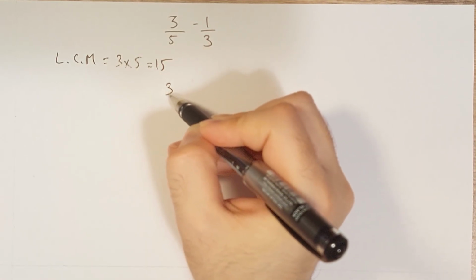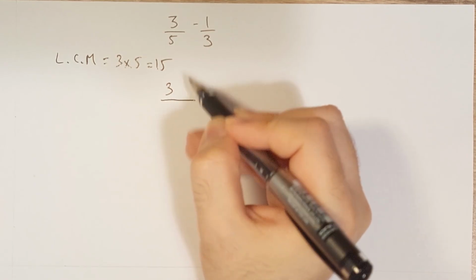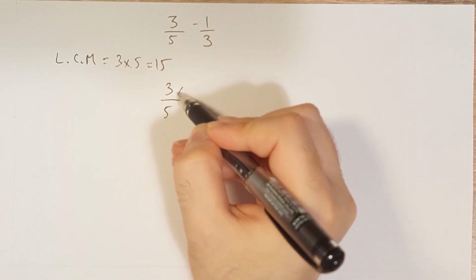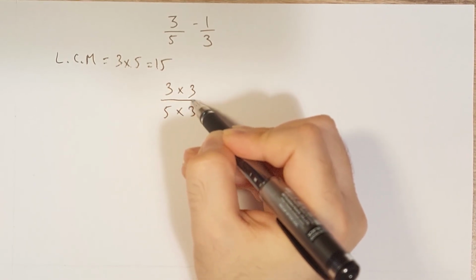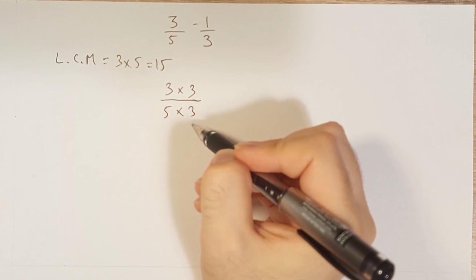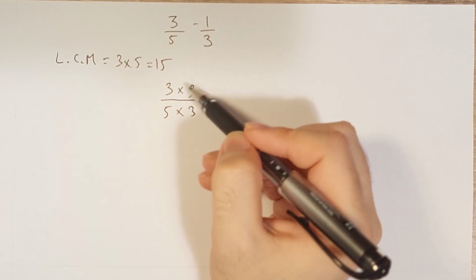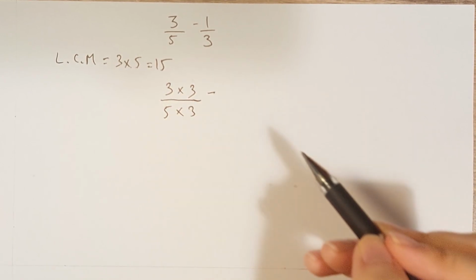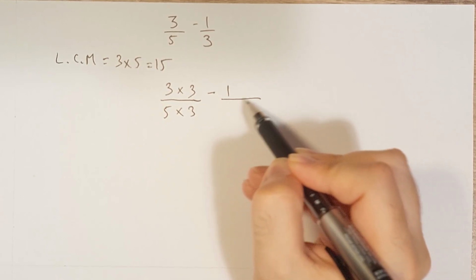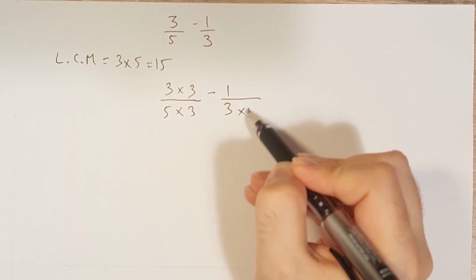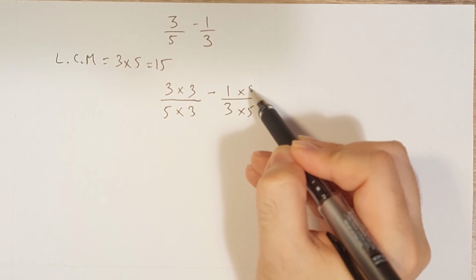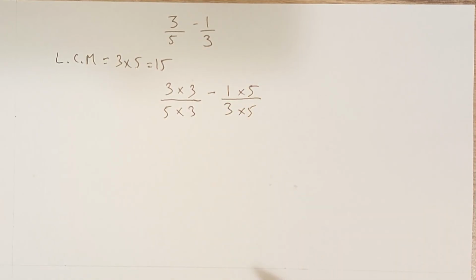We have to convert both denominators to 15. 5 times 3 is 15, and I multiply the numerator with the same number, so the fraction stays equal. 3 times 5 gives us 15, and I will multiply the numerator with the same number to make sure the fraction stays equal.